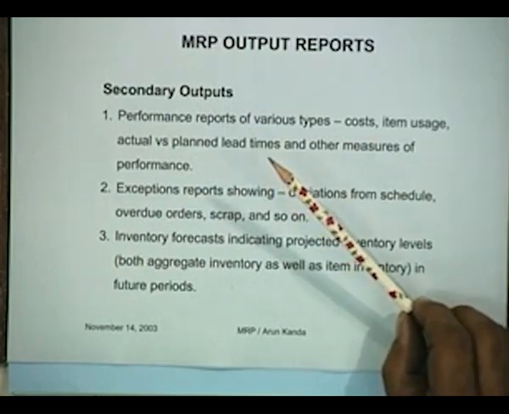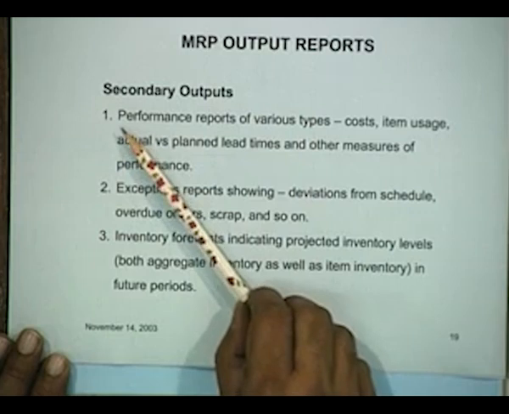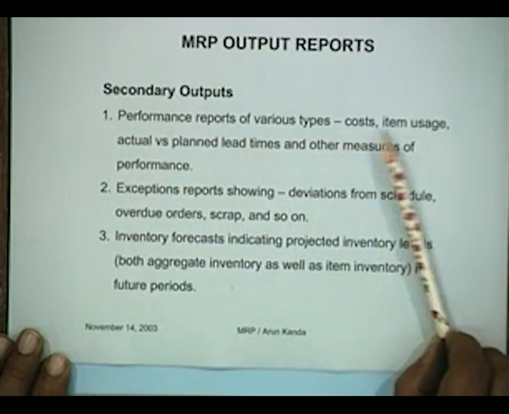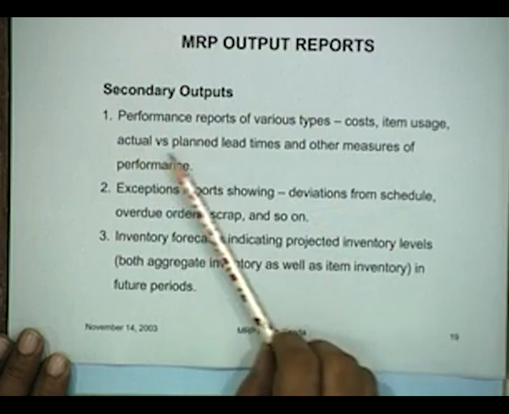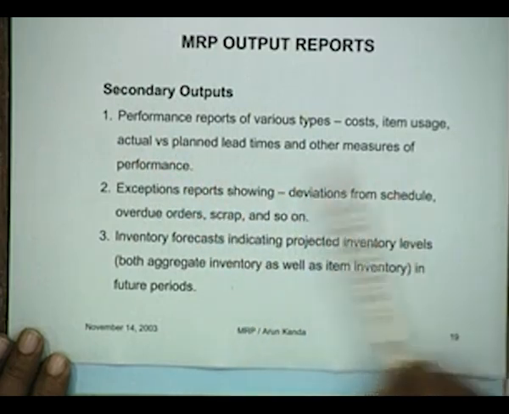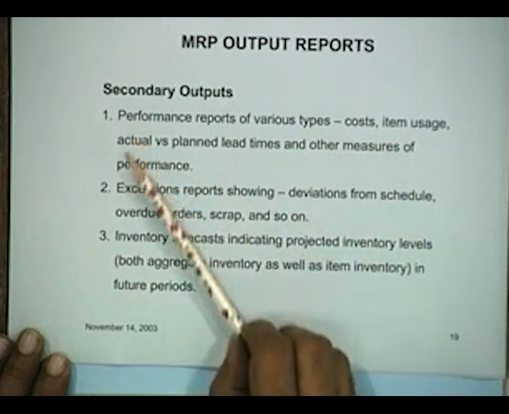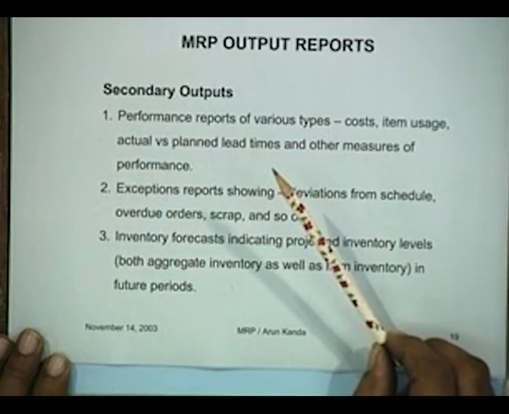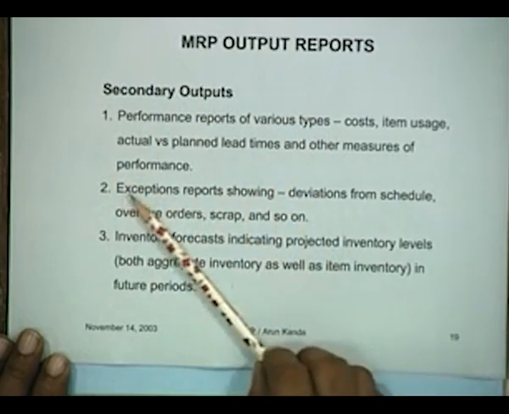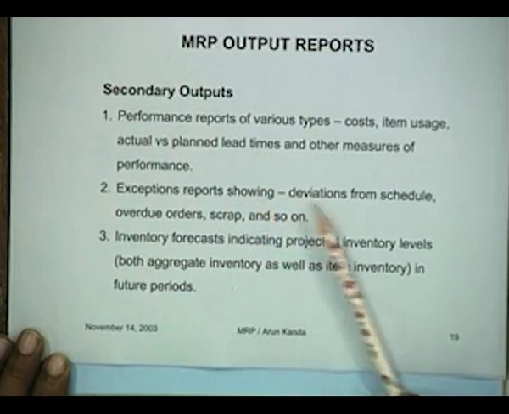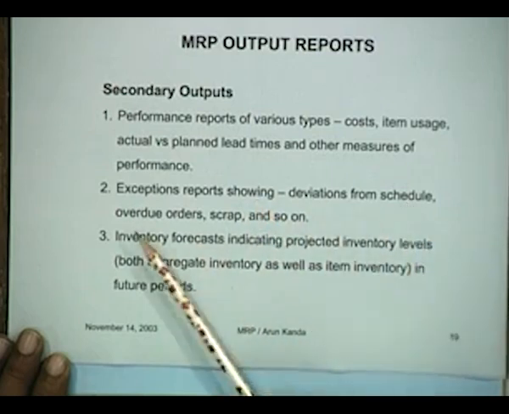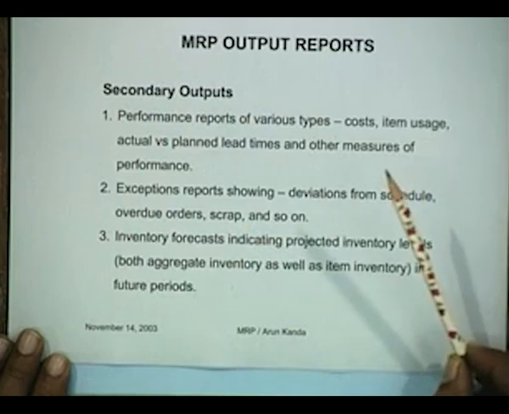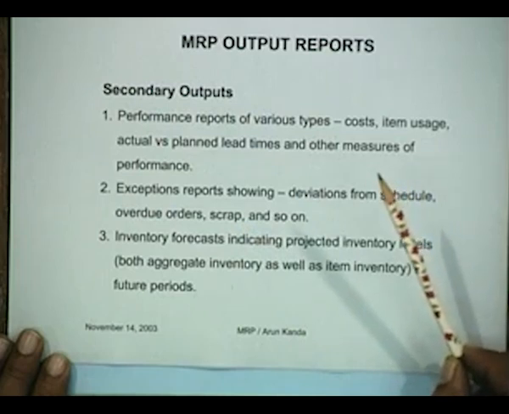If you have a certain report, for instance, performance reports of various types like costs, item usage, actual versus planned lead times and other measures of performance, this particular report can be generated because the data would be available in the MRP system. Exceptions reports showing deviations from schedule, overdue orders, scrap and so on could also be obtained from an MRP system.